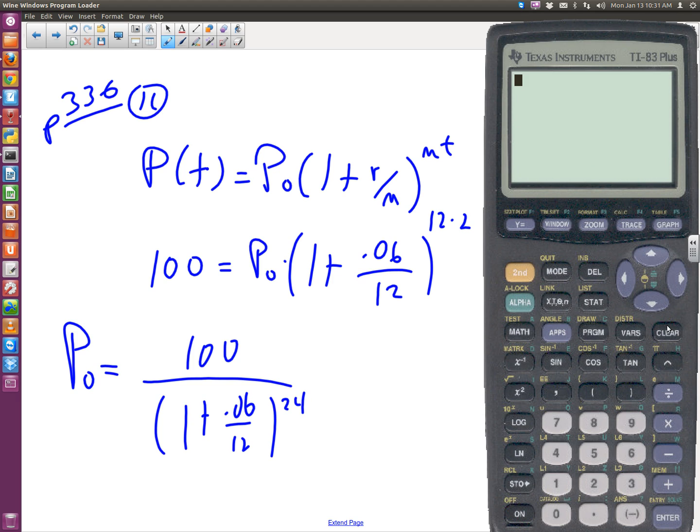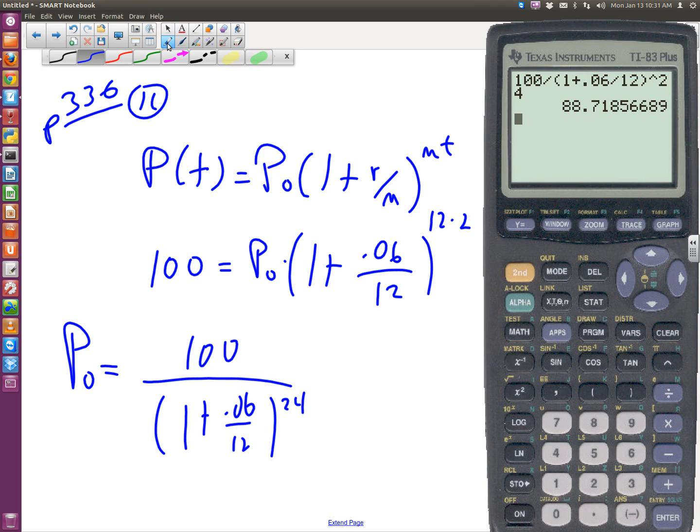Let's see what that is. So 100 divided by the quantity, 1 plus 0.06 over 12, to the 24th. You did it right. And you should invest right now how much bucks? 88 and 72, right? Because it's dollars and cents.